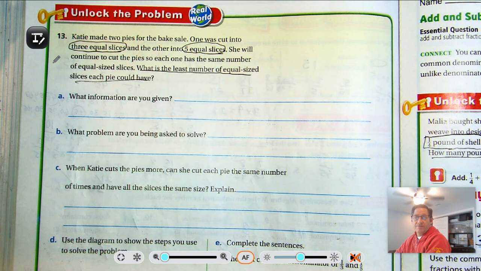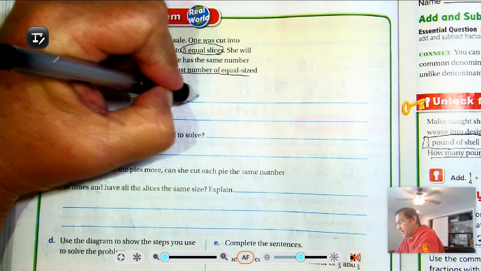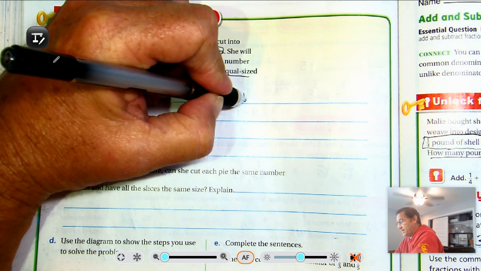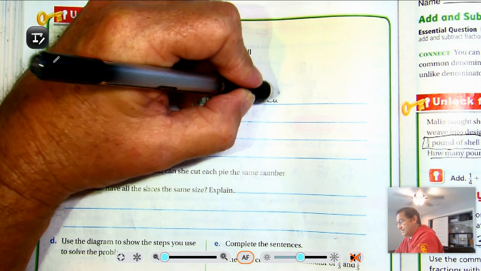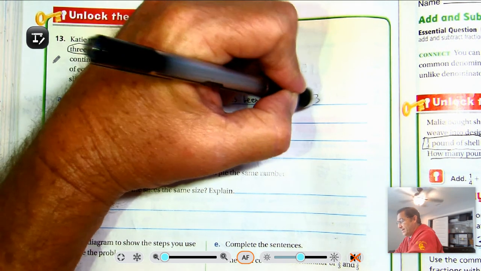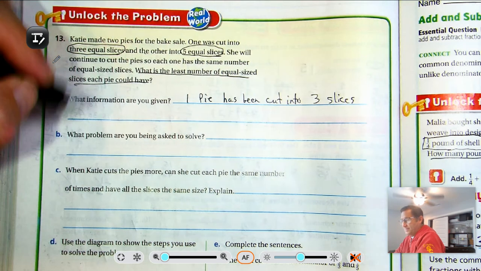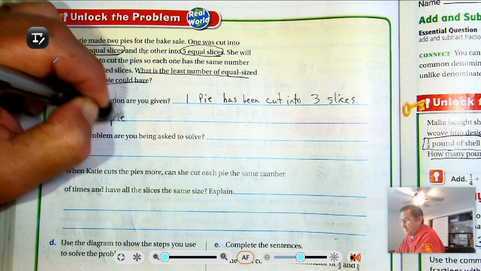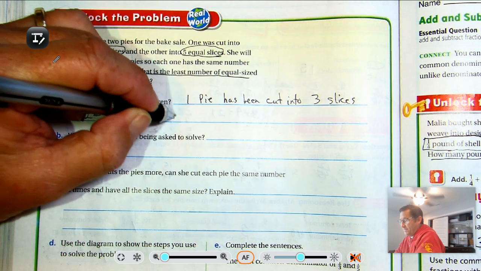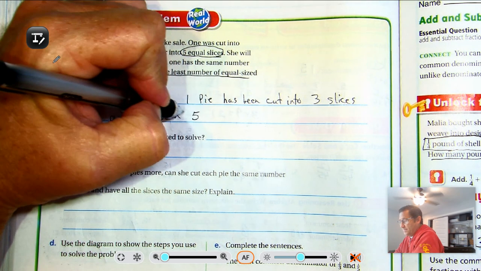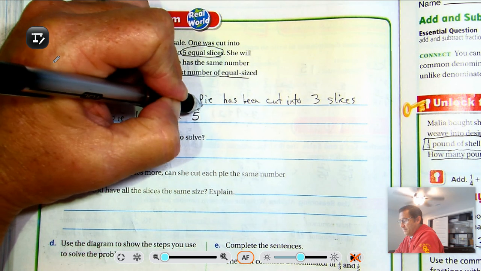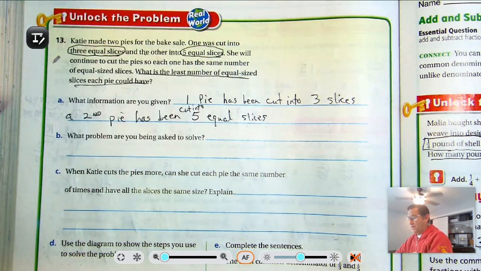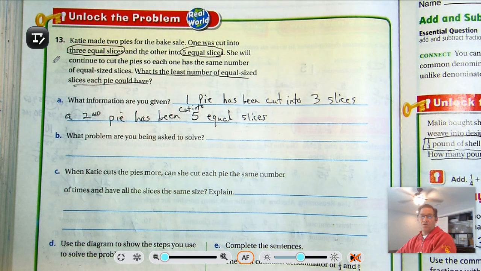What information are you given? Well, we're given that one pie has been cut into 3 slices. A second pie has been cut into 5 equal slices. What problem are you asked to solve?